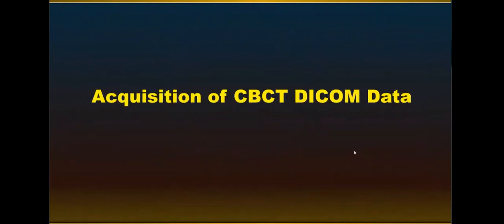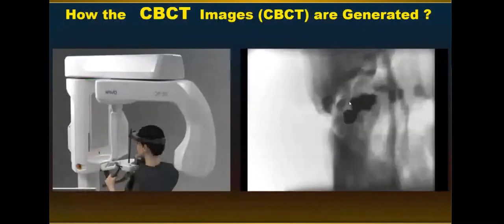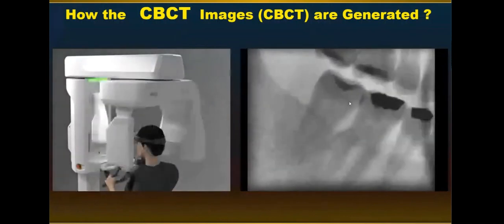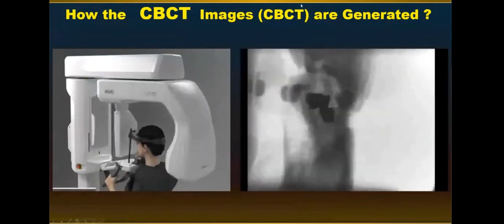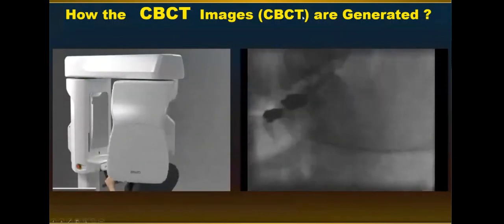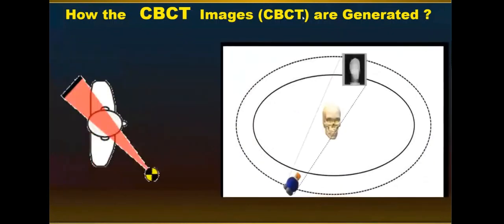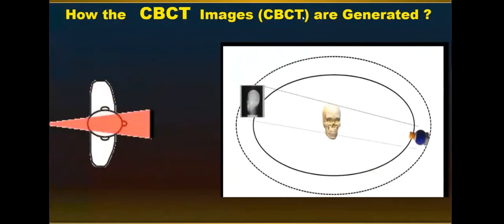So let's speak about the acquisition of the DICOM data, how the DICOM data of the patient is acquired. Here the CBCT machine is rotating 360 degrees around the patient's head, and you can see here how the acquisition is made. It's a pulsed exposure, not a continuous exposure. So what happens is that each pulse is recorded as an image similar to a 2D image.